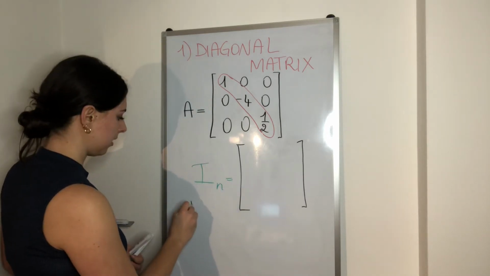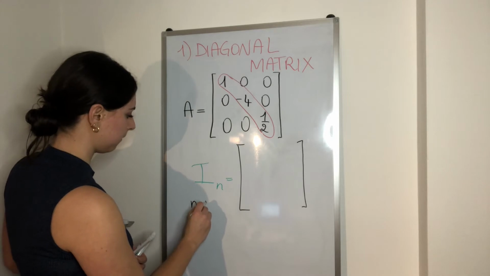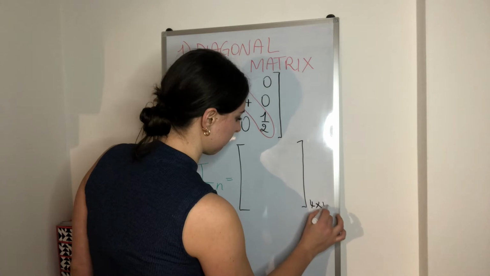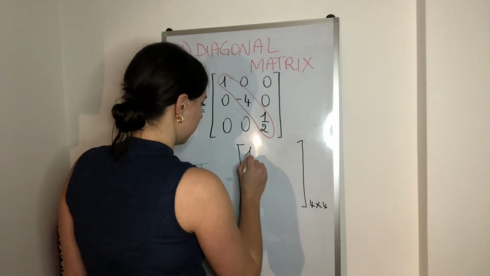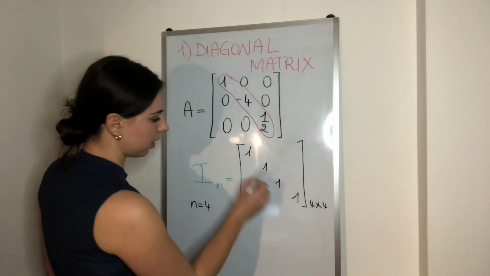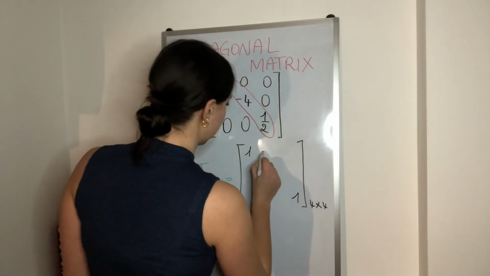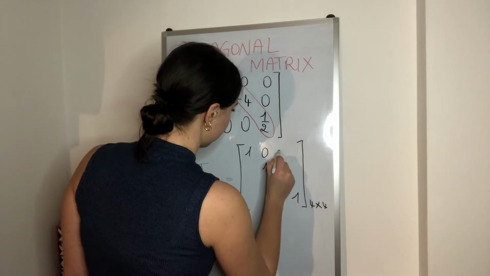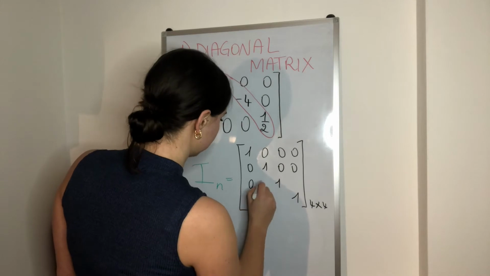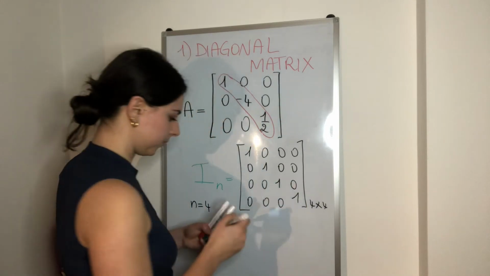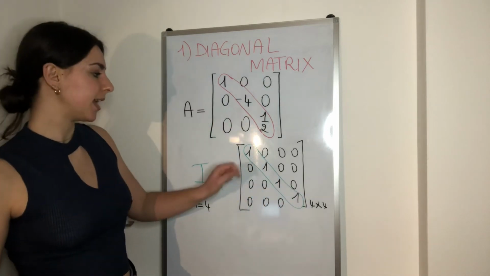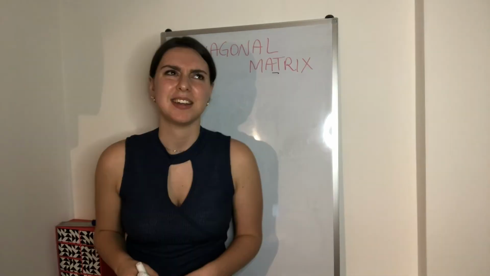N is equal to 4, so this will be a 4 by 4. The main diagonal will be of ones, and we have 0 elsewhere, the special case of a diagonal matrix.